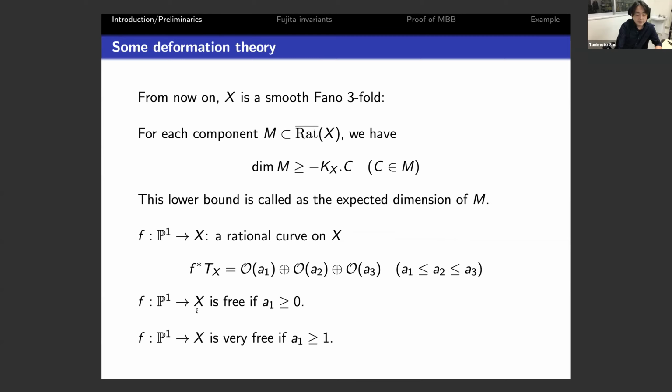We say this rational curve is free if a1 is non-negative, in other words, a1, a2, a3 are all non-negative. And we say the rational curve is very free if a1 is greater than or equal to 1, that means a1, a2, a3 are all greater than or equal to 1. Those are the definitions of free and very free.